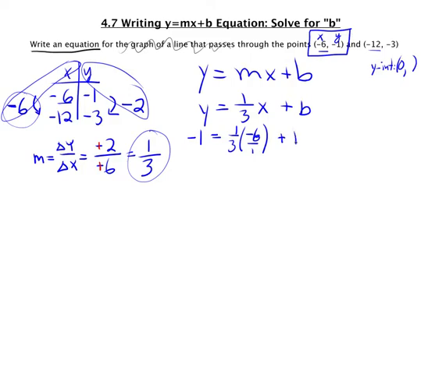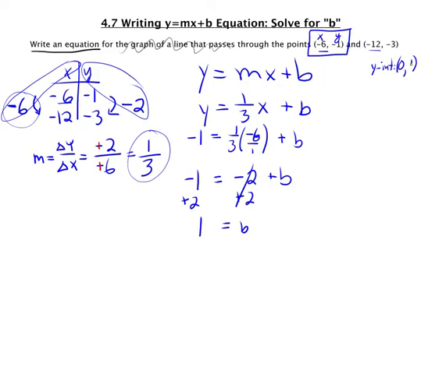Bring down my plus b. So if I multiply 1/3 times -6, that goes into 2 times, and it's negative, giving -2. Bring down my -1, my equals, my plus b, and I'll add 2 to both sides to solve for b. So my b, which is my y-intercept, is a +1.